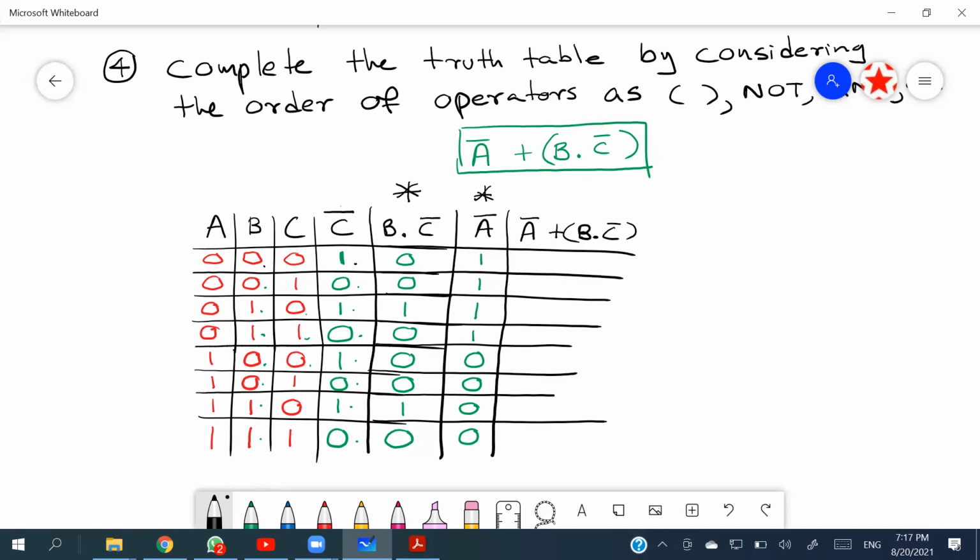So we are going to add 0 plus 1 equals to 1. 0 plus 1 equals to 1. 1 plus 1 equals to 1. 0 plus 1 equals to 1. 0 plus 0 equals to 0. 0 plus 0 equals to 0. 1 plus 0 equals to 1. 0 plus 0 equals to 0.